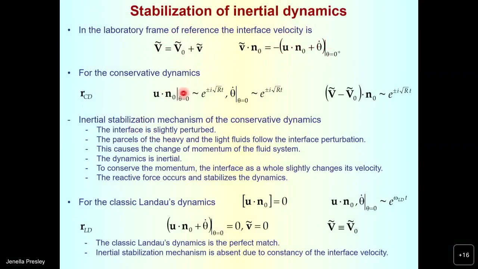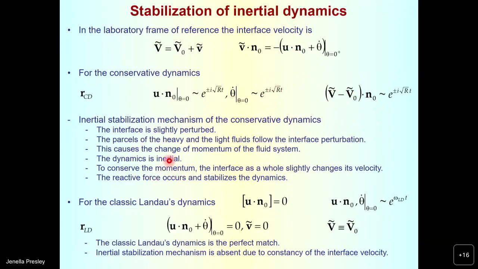For our conservative dynamics, and it would be true for both the Landau-Darrieus instability or for our situation, because all our equations are derived in an inertial frame of reference, this term, u dot and naught, experiences slight oscillations. Another term also experiences slight oscillations, and as a result, the departures of the velocity from the steady value also start to experience steady oscillations.